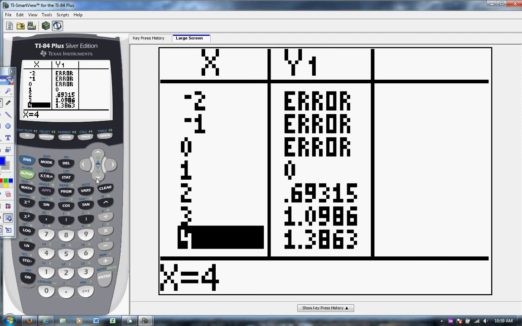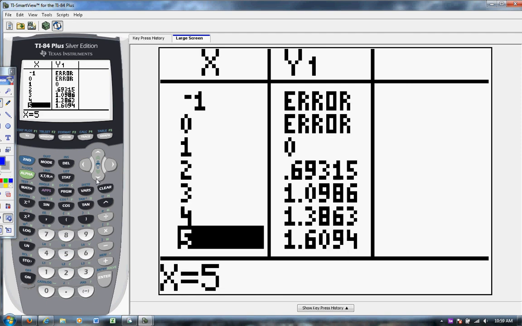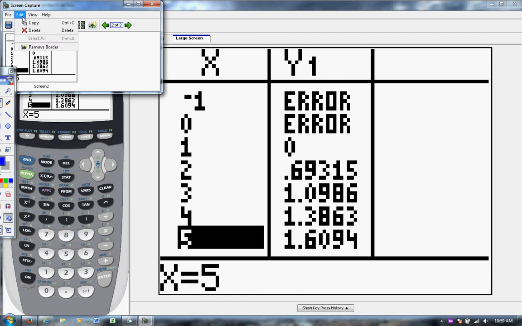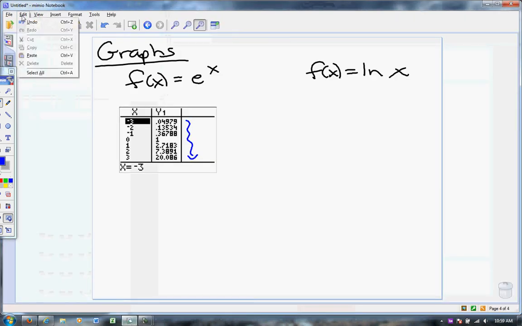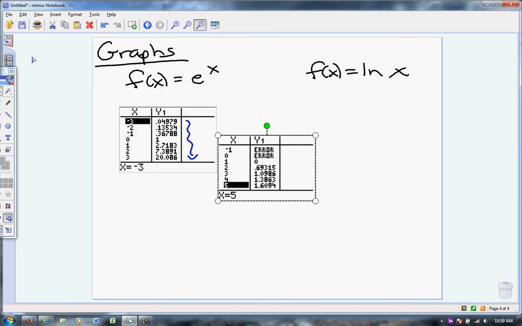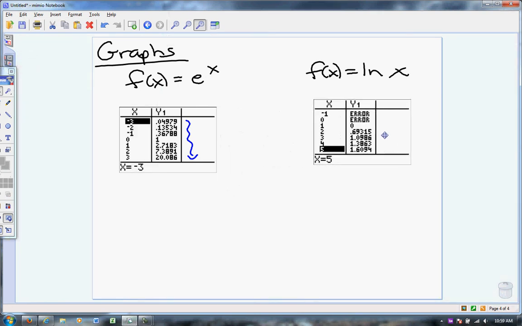Wonder why that is. We'll talk about that in just a minute. Okay, so there's the table for the natural log function.